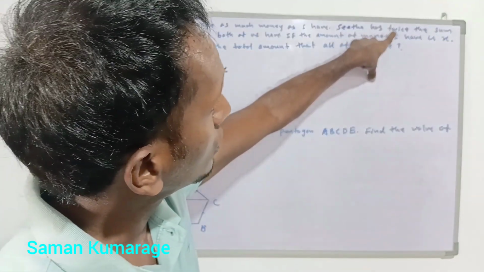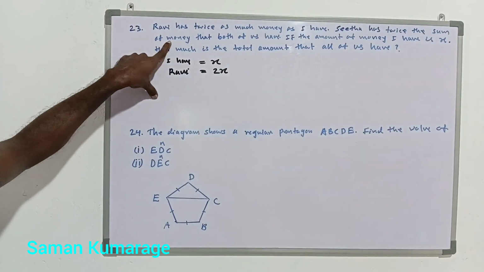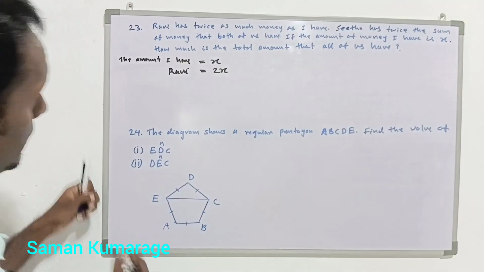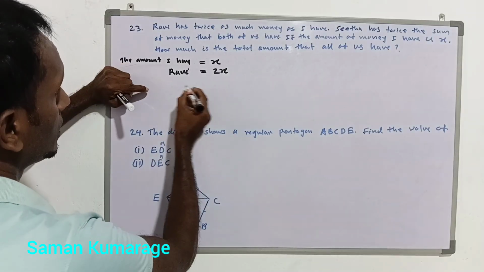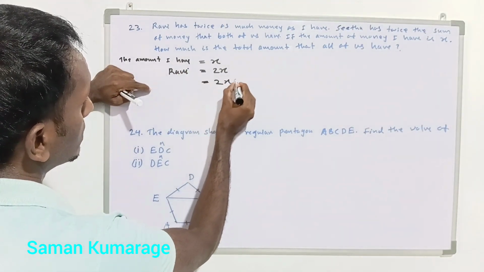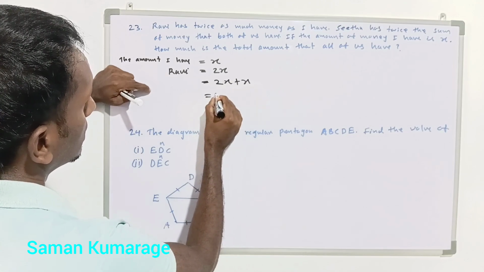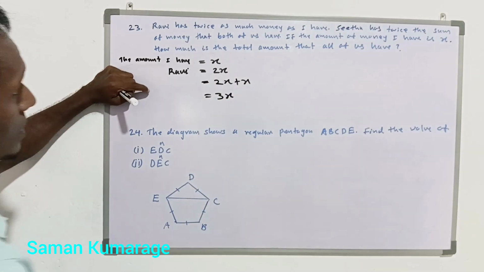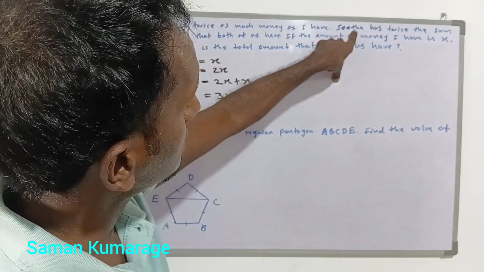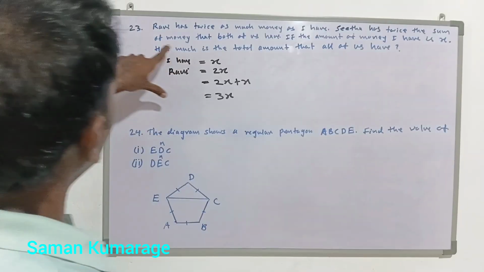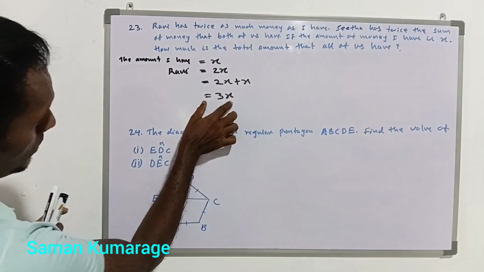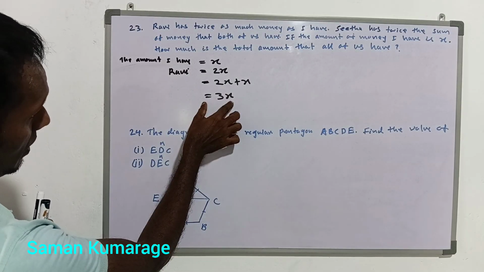Sita has twice the sum of money that both of us have. First find the sum of money both Ravi and I have, which is 2x plus x, 3x. Then it says Sita has twice the sum of money that both of us have.